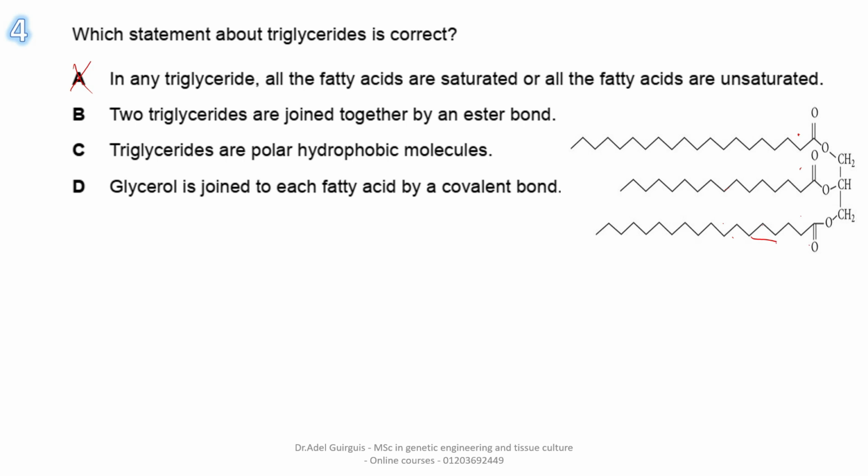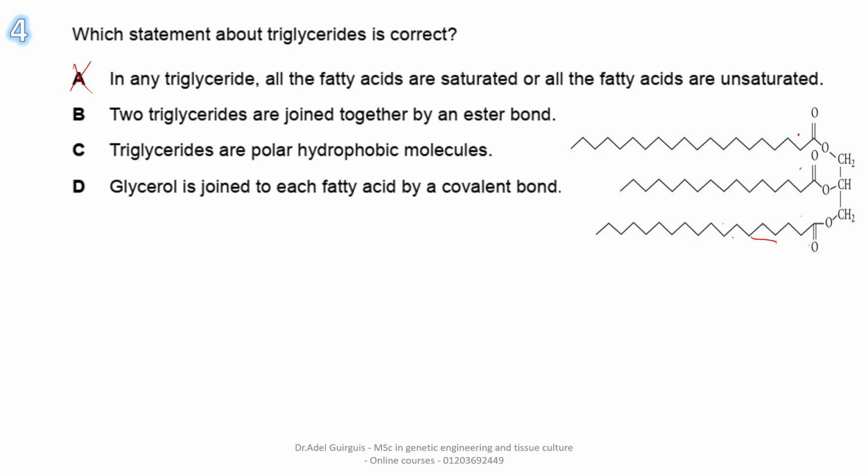What about here? This is another image showing a triglyceride molecule. All the fatty acids are saturated, no double bond at all. Note also the fatty acids come in different lengths with different numbers of carbon atoms. Now letter B: 2 triglycerides are joined together by an ester bond. The statement is wrong.